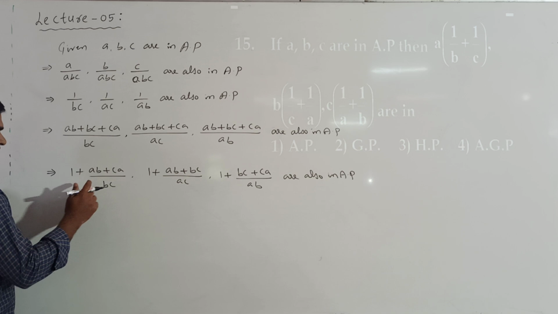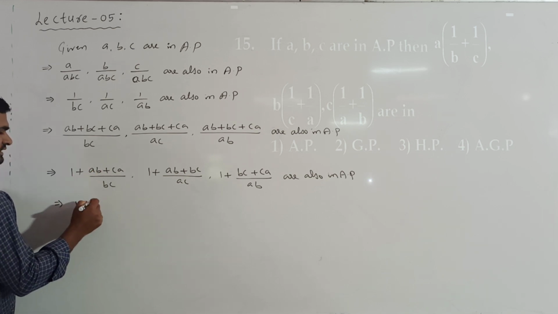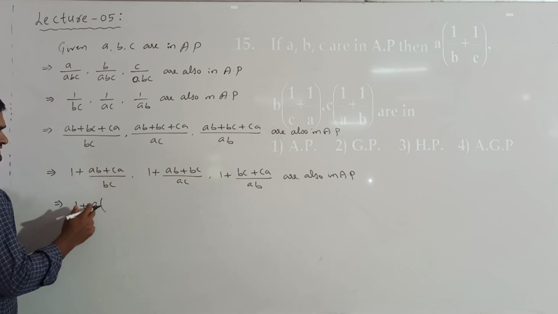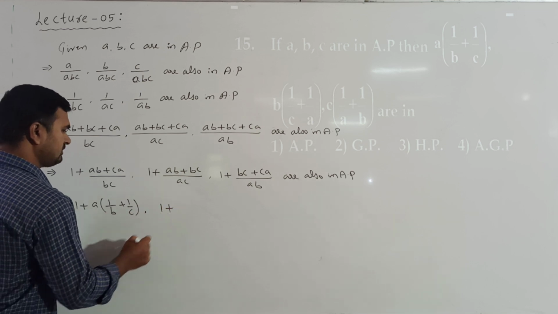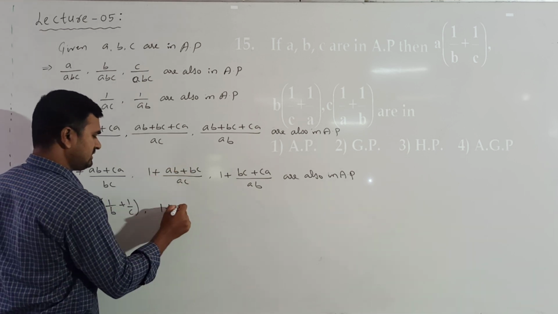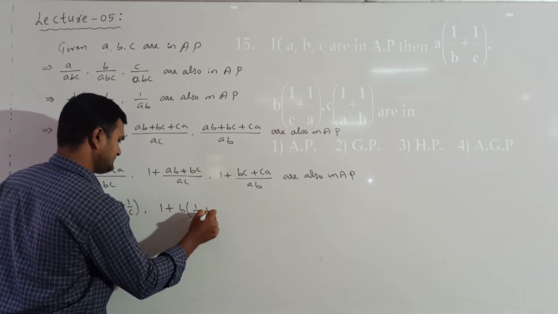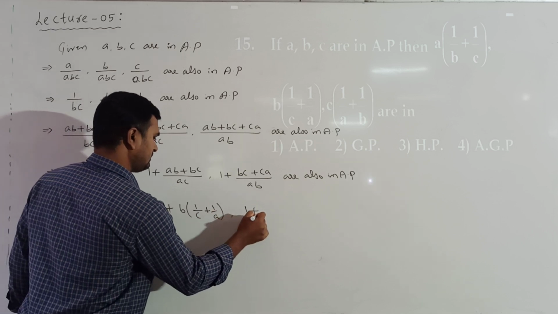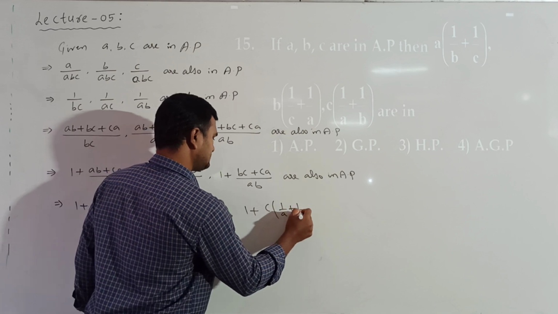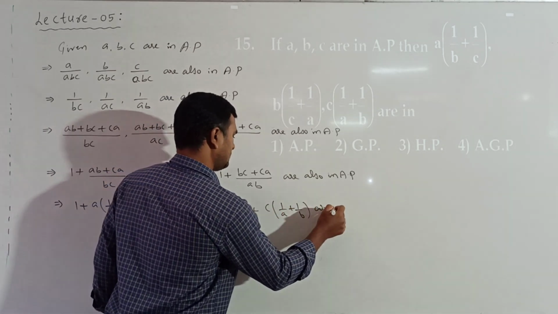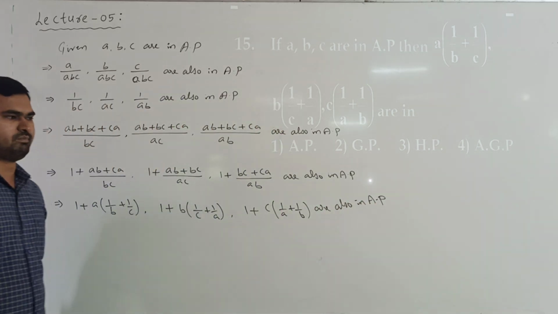I can divide separately here: 1 plus, taking A common, B plus C by BC, so we get 1 by B plus 1 by C. Next, 1 plus, taking B common, A plus C by AC, so it is 1 by C plus 1 by A. 1 plus, taking C common, 1 by A plus 1 by B. These are also in AP.